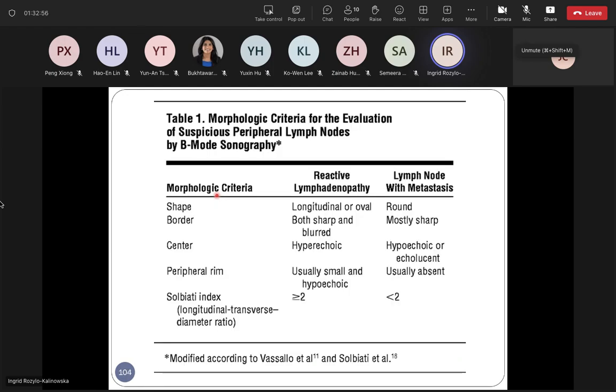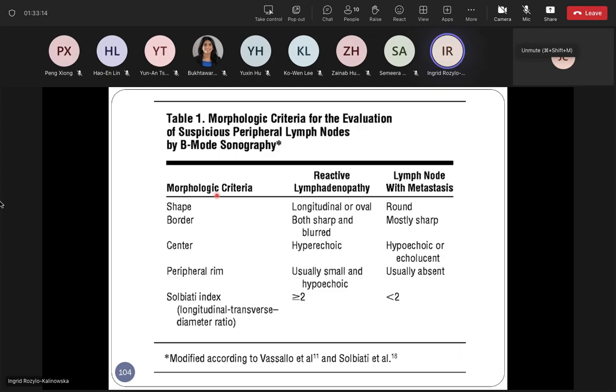In fact, there's still no ideal method that allows differentiation of a metastatic lymph node from another type of lymph node. And here you've got the Salviati index.